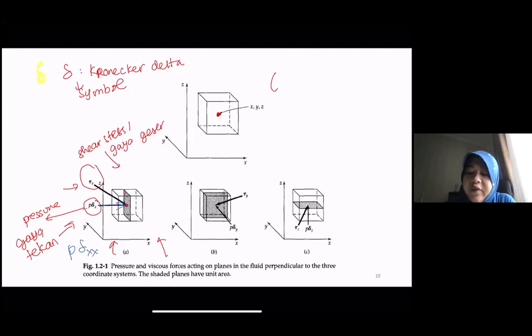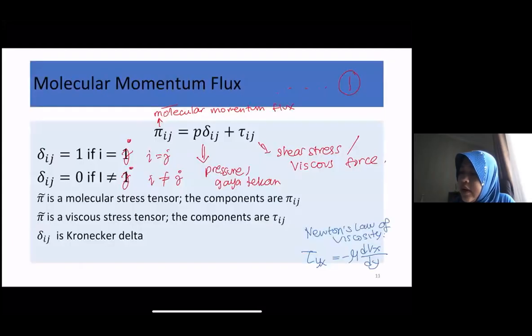Okay, so if you have this Kronecker delta where i is not equal to j, that means the pressure is not perpendicular to the area. Tekanannya tidak tegak lurus dengan area, sehingga tidak bisa diperhitungkan. So the pressure that we consider is only the pressure that is perpendicular, yang tegak lurus, with the area that we're looking at.